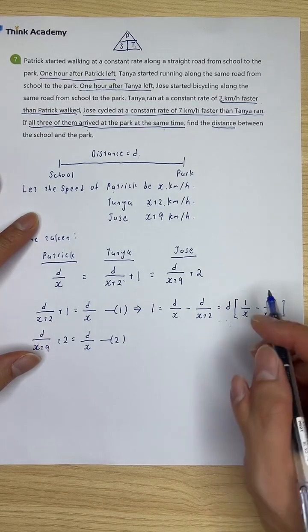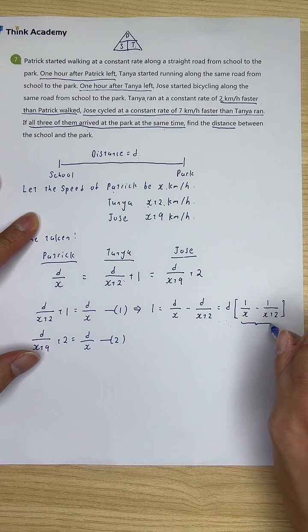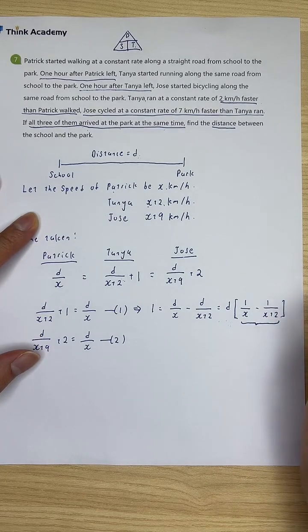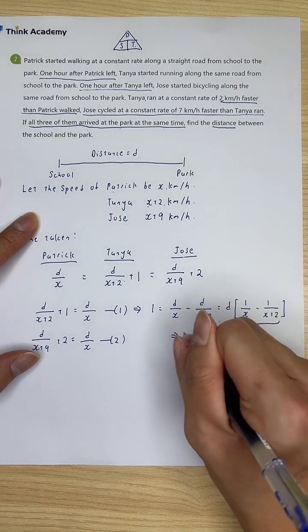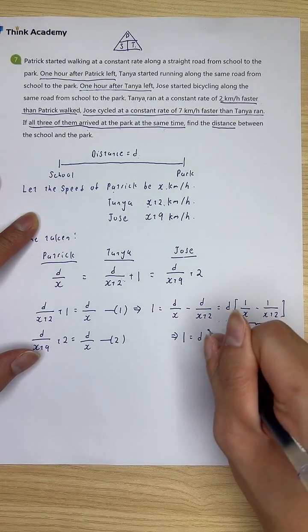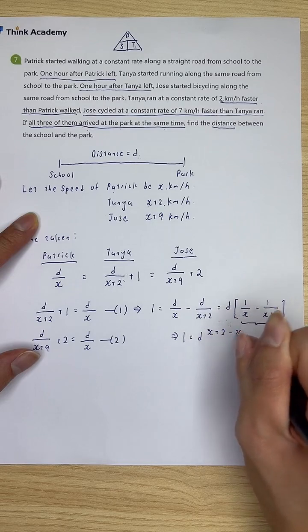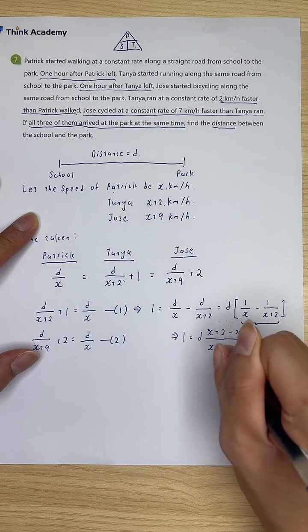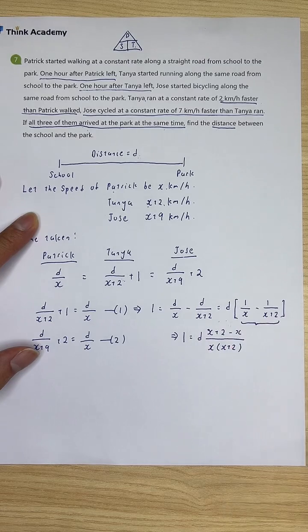What's next over here? Well, you need to combine them together. So we are going to obtain 1 equal to d multiplied by x plus 2 minus x, over x times x plus 2.